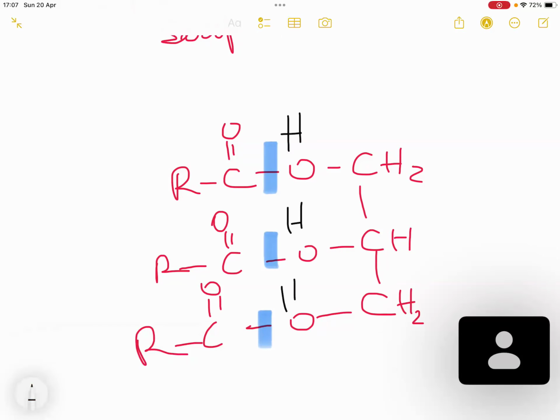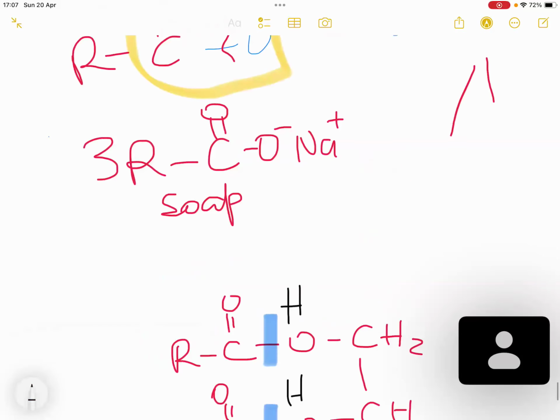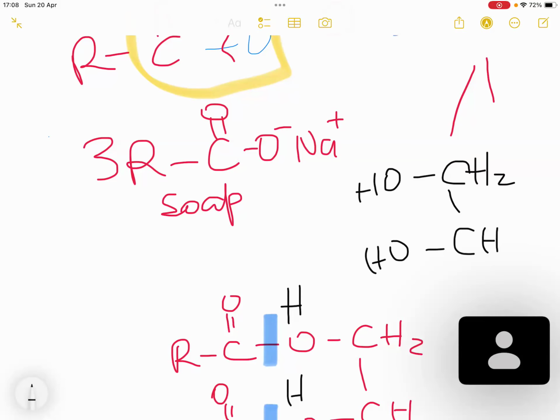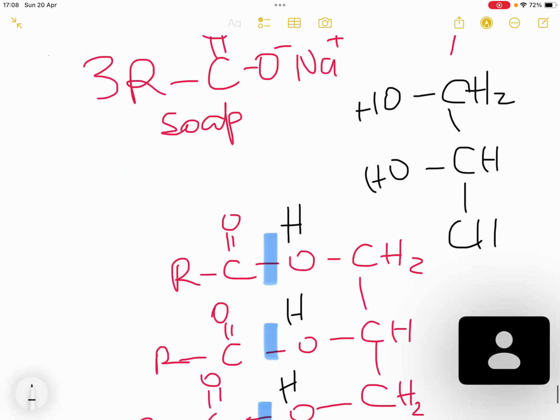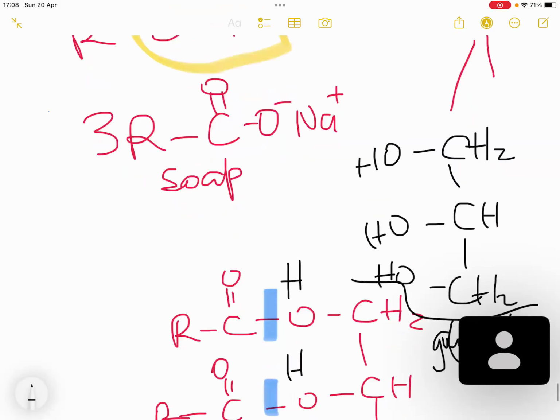So the molecule that forms is CH2OH, CHOH, and CH2OH. This molecule is called a glycerol molecule, and it is a byproduct from the saponification process.